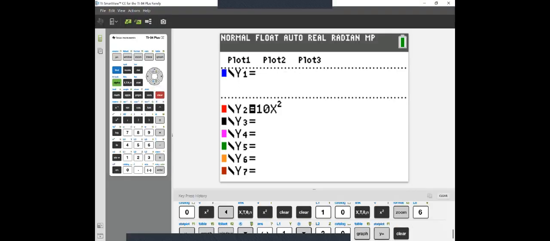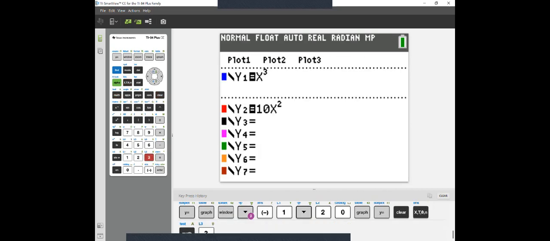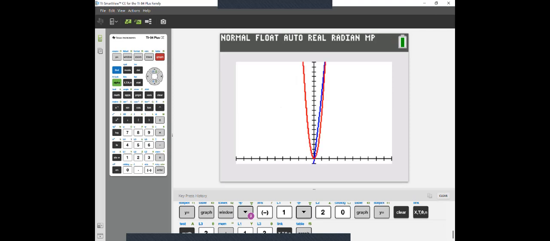Let me just clear mine out once. x cubed plus 13x. Let's see what yours looks like.